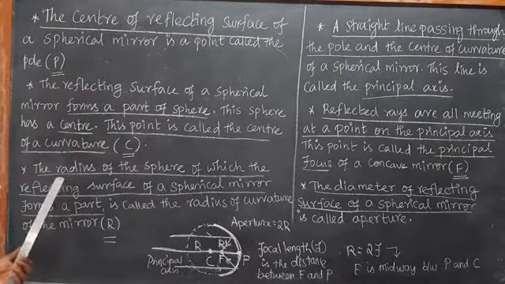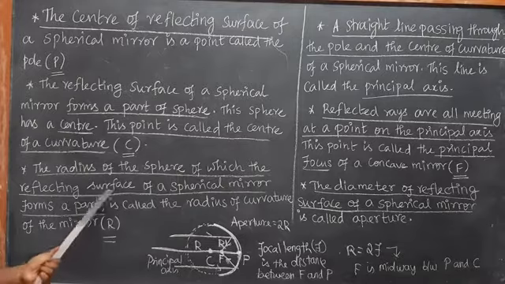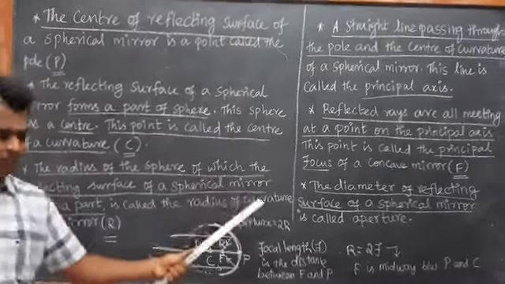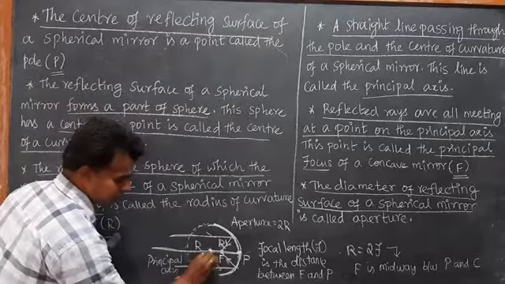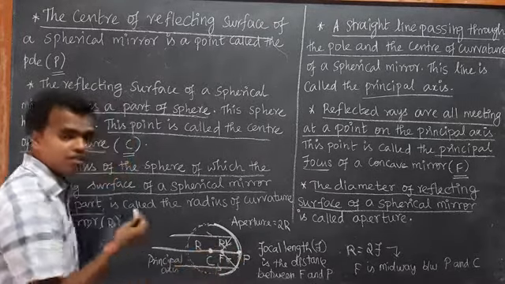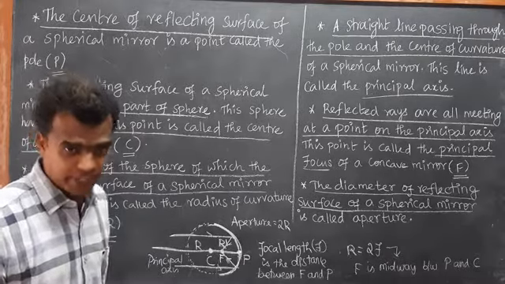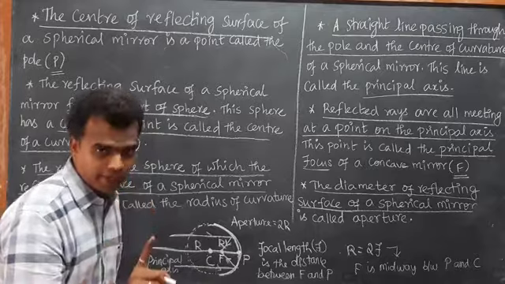The next one is radius of curvature. It is the radius of the sphere of which the reflecting surface of a spherical mirror forms a part. That means the distance between the center of curvature and the pole gives the radius of curvature. Try to understand: center of curvature is a point.